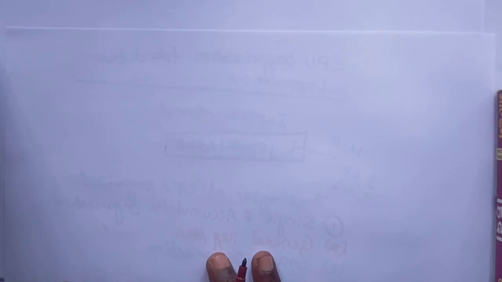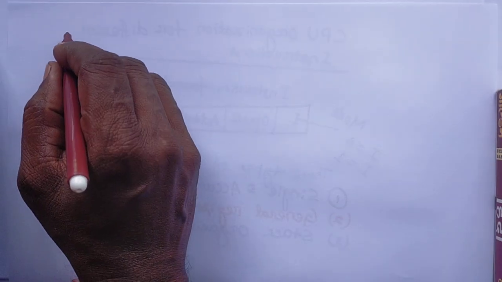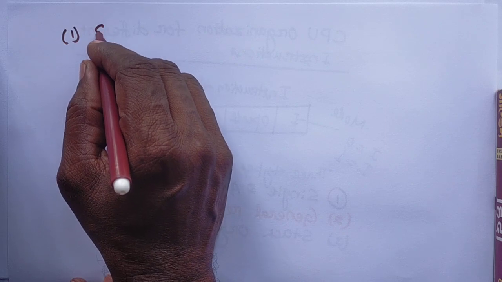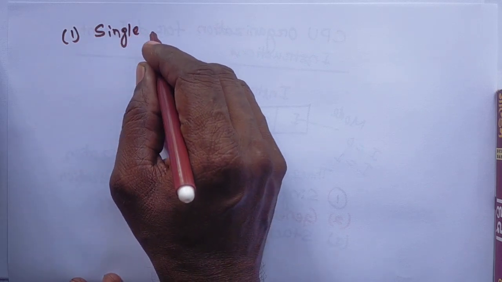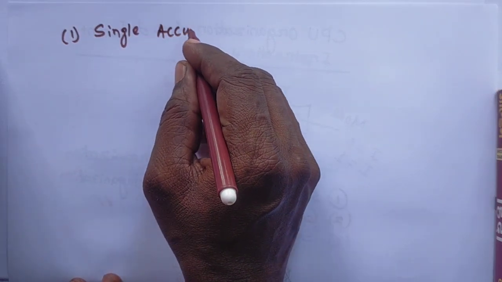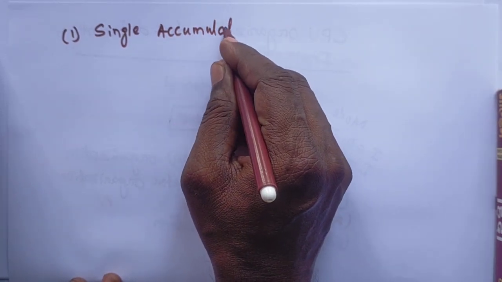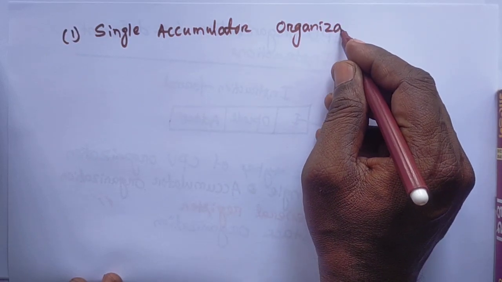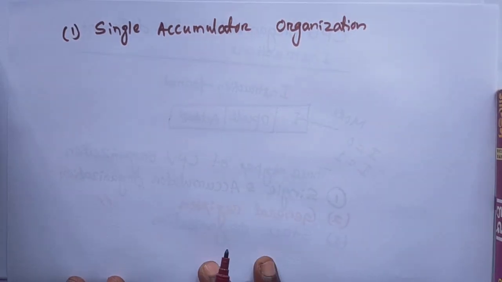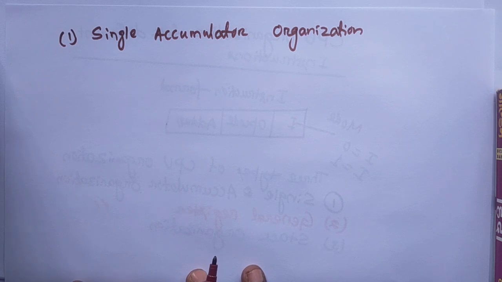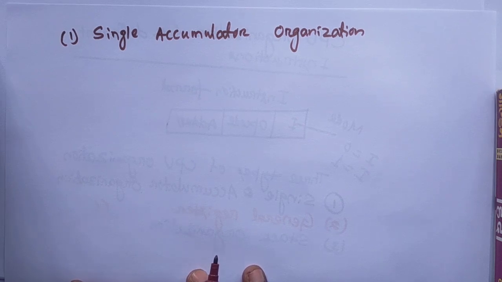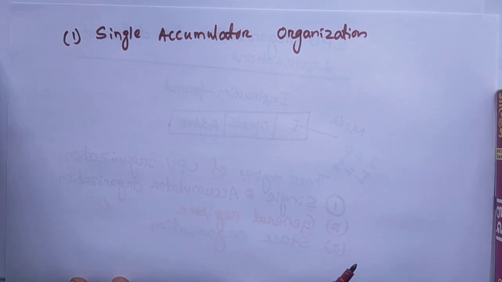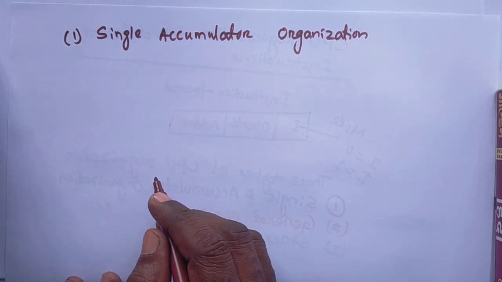In which case is this single accumulator organization used? Very simple: if the instruction has a single operand, then it is used through single accumulator organization.